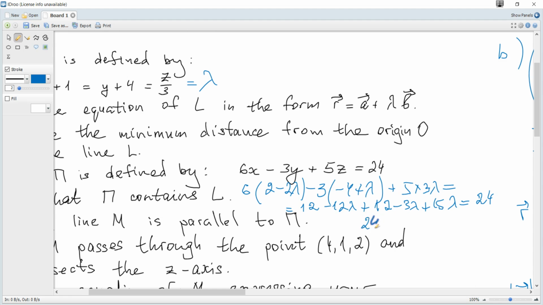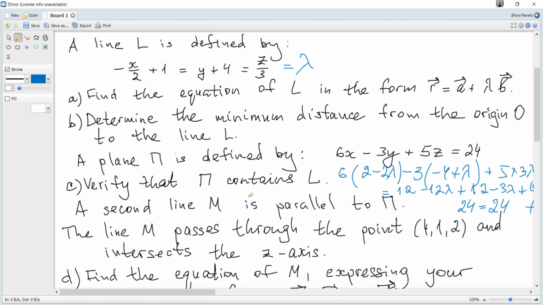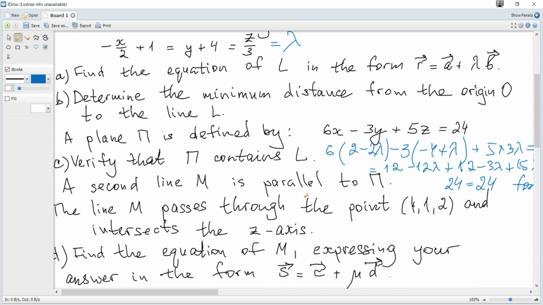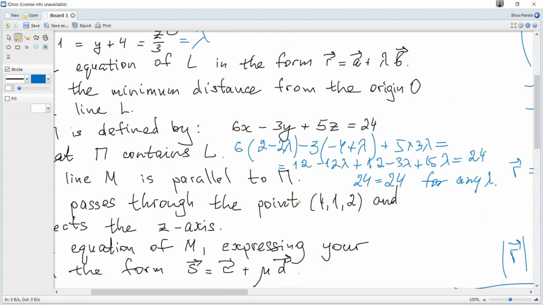So 24 is equal to 24 for any lambda. Hence P contains L. Or maybe not necessary to write for any lambda, it just means that the left hand side is equal to the right hand side for any lambda.